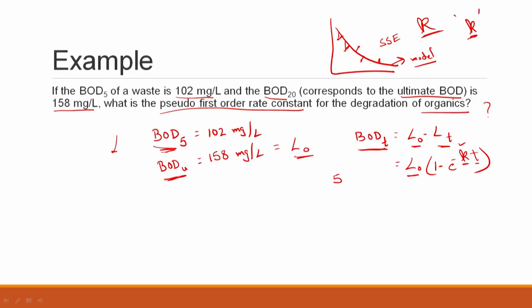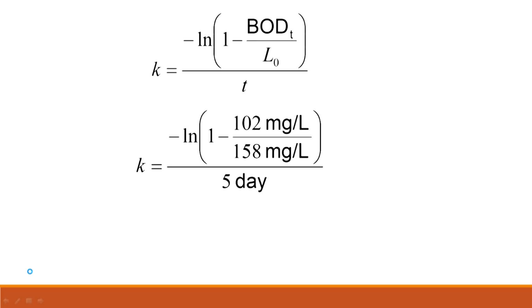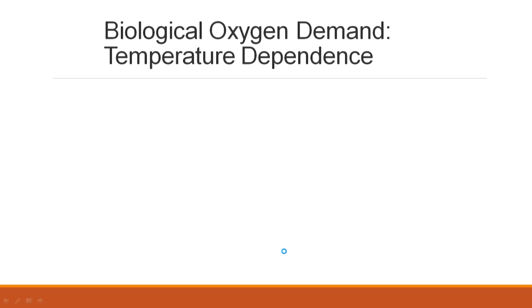So, let us move on. Let us just see what we just discussed and what k is. So, it is 0.21 per day, right. That is something for us to keep in mind. Again, biochemical oxygen demand, similar to us humans, microbes also depend upon temperature. Typically the rate constant increases with temperature to a certain extent.